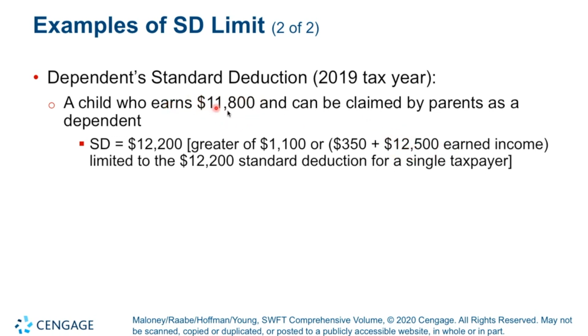So child earns 12,500 plus 350, that would be 12,850. 11,800 plus 350 would have been 12,050. And so the greater of 1,100 or 12,050, 12,050 would have been our standard deduction because it's less than 12,200. But the point, I think, of this one was supposed to be just over 12,200 so that you could see that you don't make the standard deduction more than the single taxpayer amount.